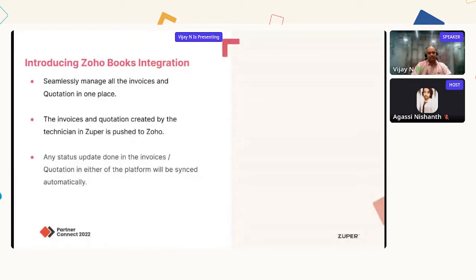But usually the suggestion here is to have Zoho Books as the finance master, because we don't want the invoices or quotations created in Zoho Books to be pushed to Zuper. Only the invoices created by the field technician should be pushed to Zoho Books. But essentially we have done some integration that allows both ways.